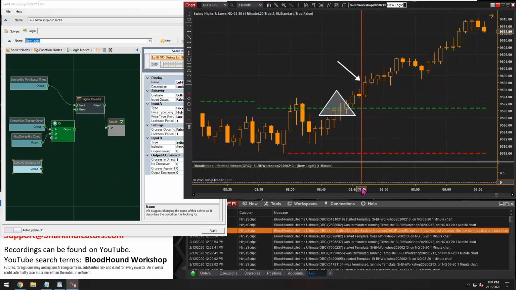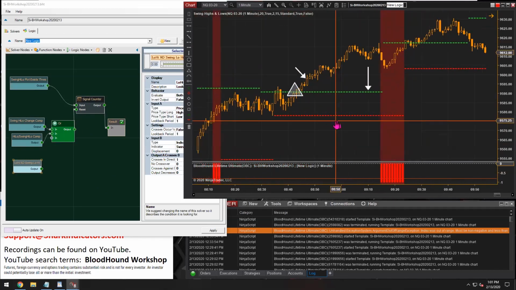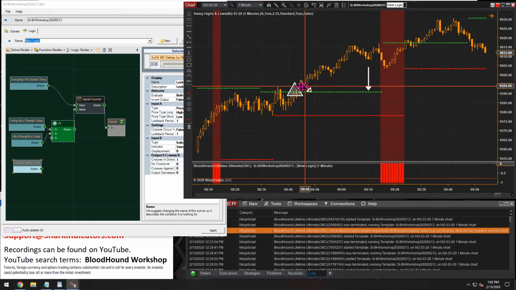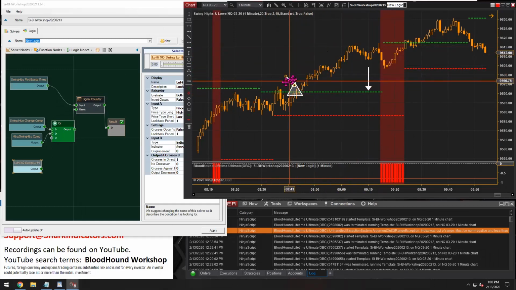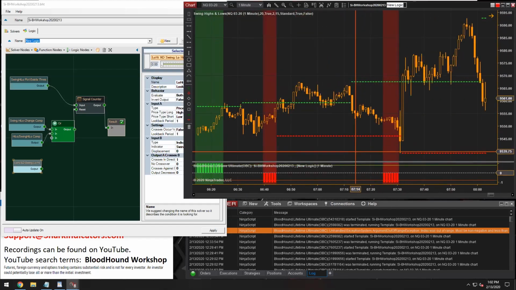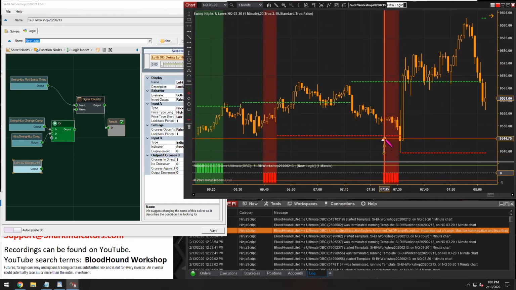All right, so let's take a look at this now. Remember, right here, we used to have a long output telling us that our swing high existed for 40 bars. But now we've canceled that long output because the swing high is being broken. Let's take a look right here. So our swing low, there's the 40th bar of our swing low.